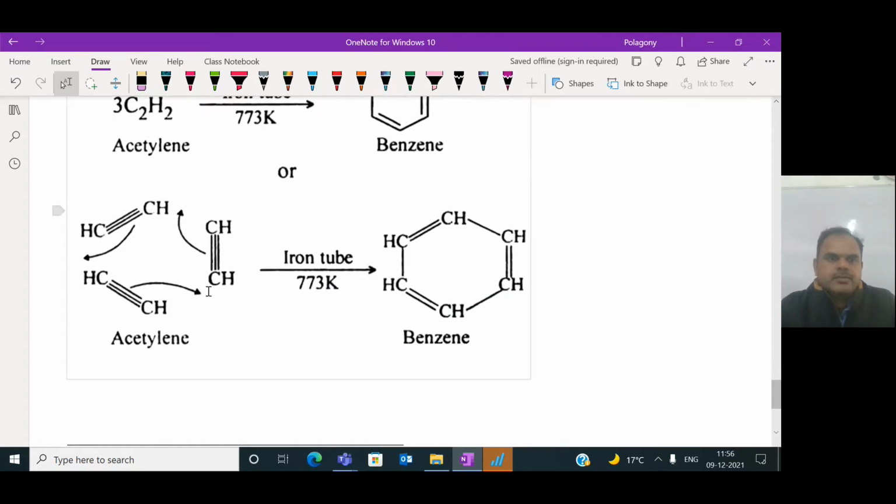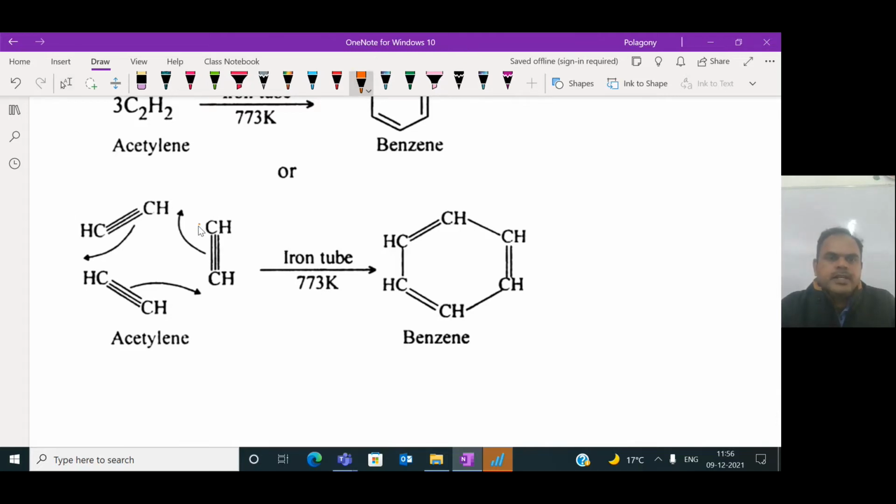Look at this reaction: three molecules of ethyne, with a carbon-carbon triple bond between them. When these pi electrons polarize, this carbon gets a positive charge and this carbon gets a negative charge. The negatively charged carbon attacks the positively charged carbon of the next molecule.